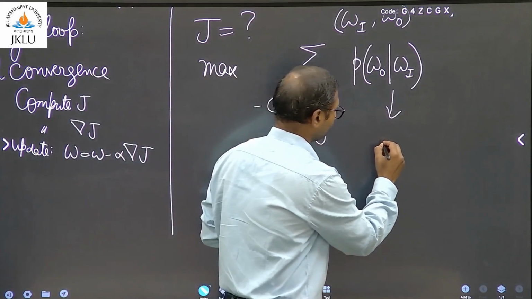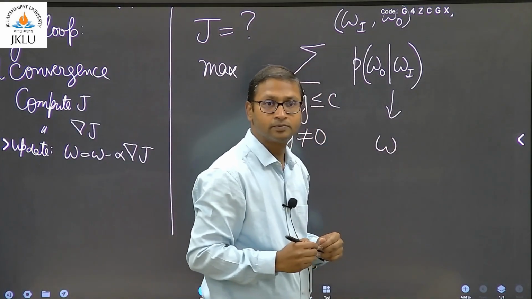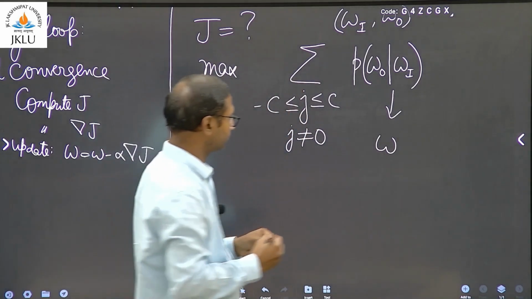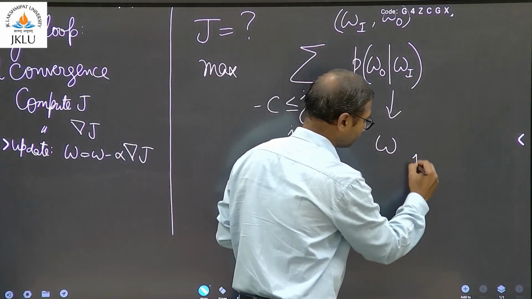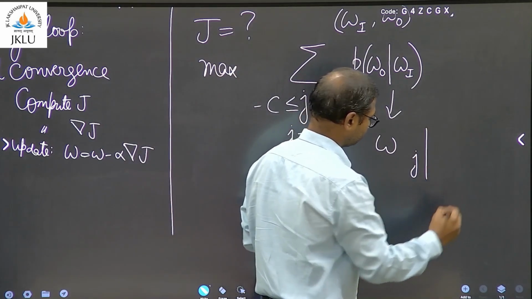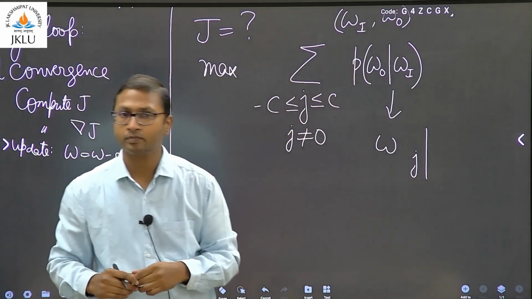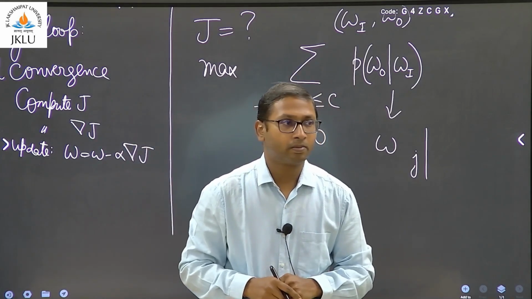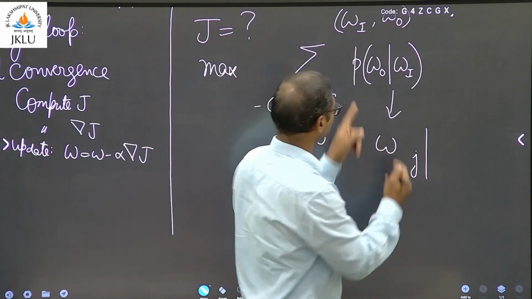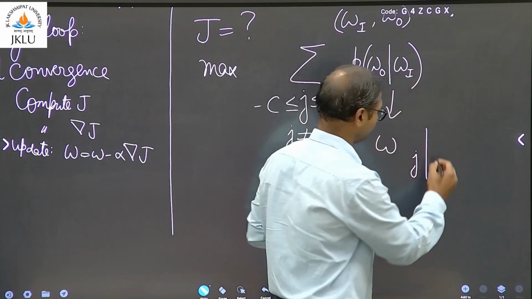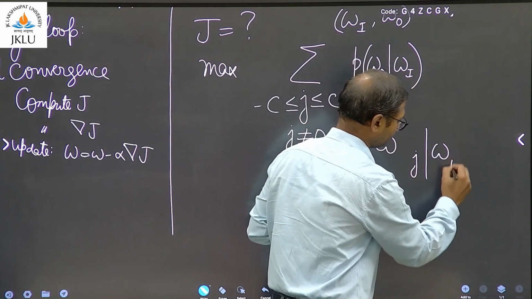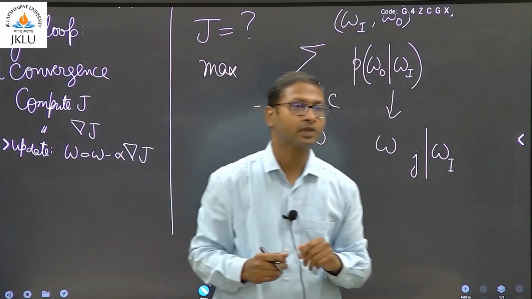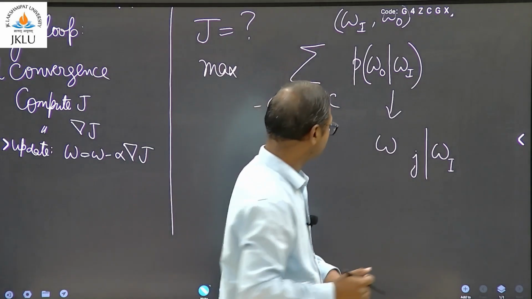So word of j given W0 Wi. Okay, so what should I do here?